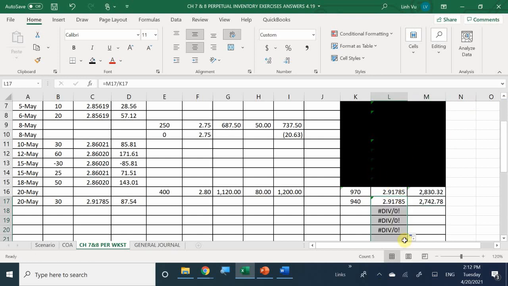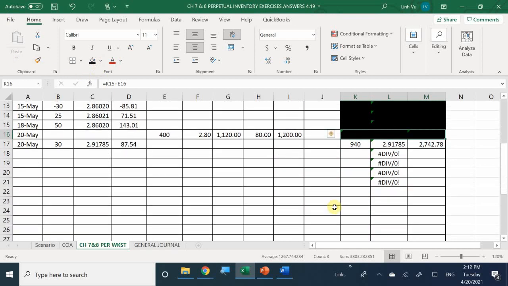Oh wait, what did we ask? I asked for the total cost. But it's okay, you got the new average cost per item. That's completely fine. So here we are. Once again, I'm going to block it off.